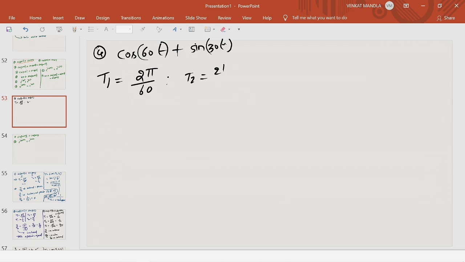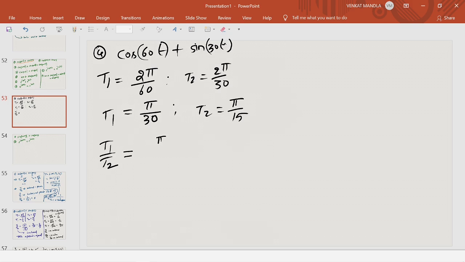T2 is 2 pi by omega naught, 30. This is pi by 30. T2 is pi by 15. What is T1 by T2? Pi by 30 by pi by 15. This is 1 by 2, which is rational.